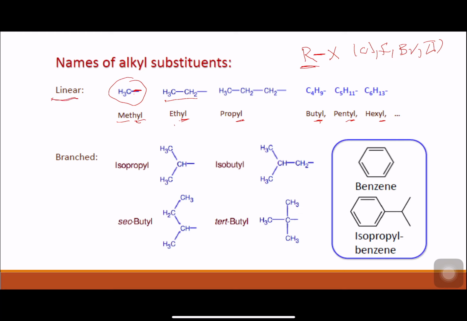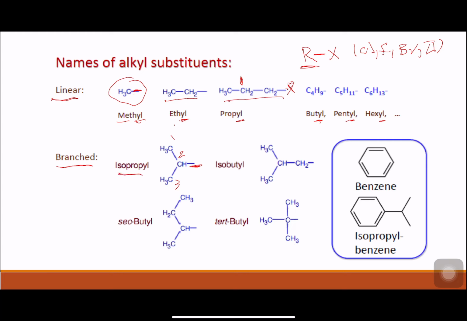What about the branched ones? We can have branched alkyl substituents. Now the bond will not be with the first carbon on the chain, but with one in the middle. For this propyl, instead of having the substituent here, we have it on the second carbon. Propyl is the one with 3 carbons, 1, 2, 3, but the connection is to the second carbon.